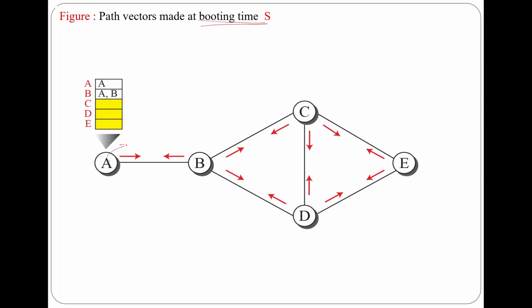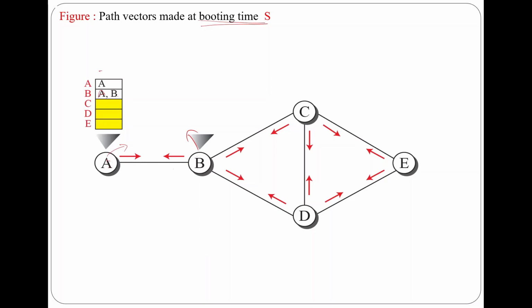We only talk about the source node and the destination node. To move from A to A, the source is A and the destination is also A. If we move from A to B, the source is A and the destination is B. Because these two are neighbors, a path vector will exist here.